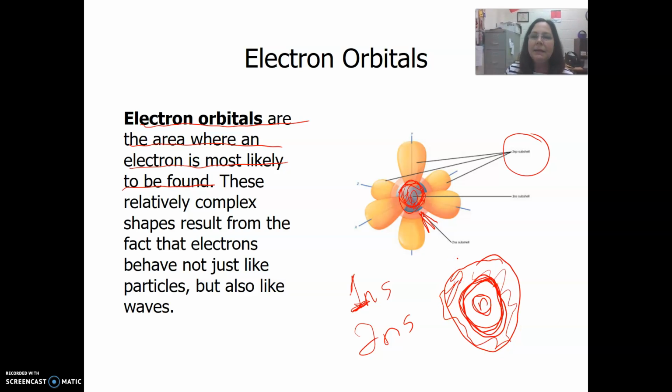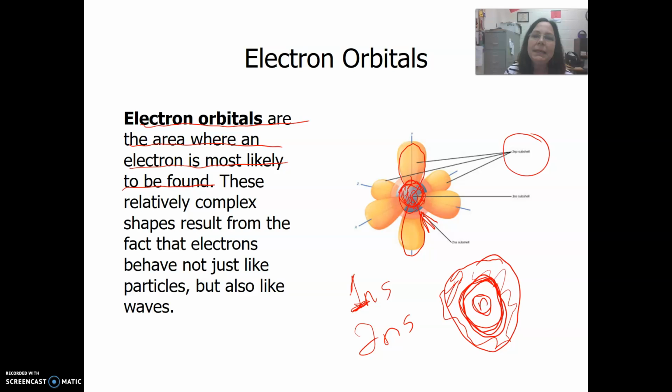All right. And then you see these dumbbell shapes. They're already drawn for you. So each one of these is a p orbital. Each dumbbell shape is a p orbital. That's the 2NP subshell. And it's on the y-axis. There's one on the y-axis, the x, and the z-axis.